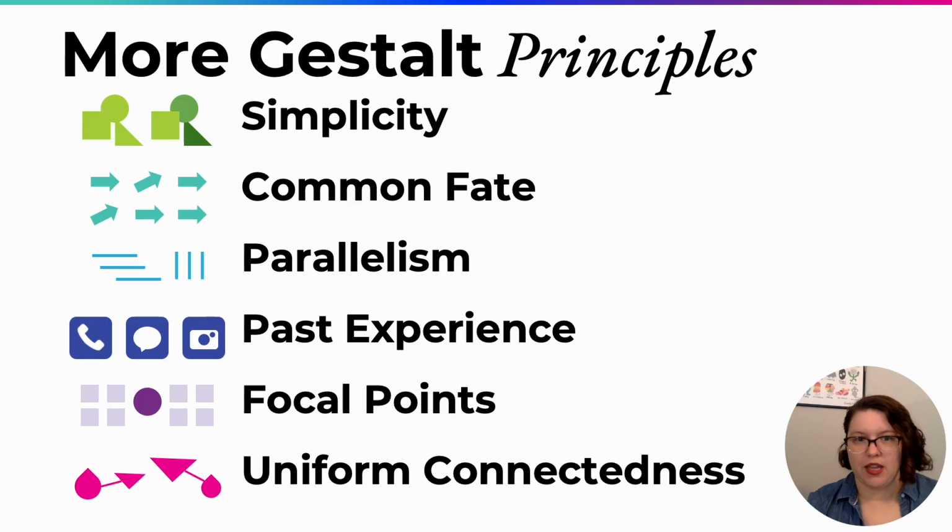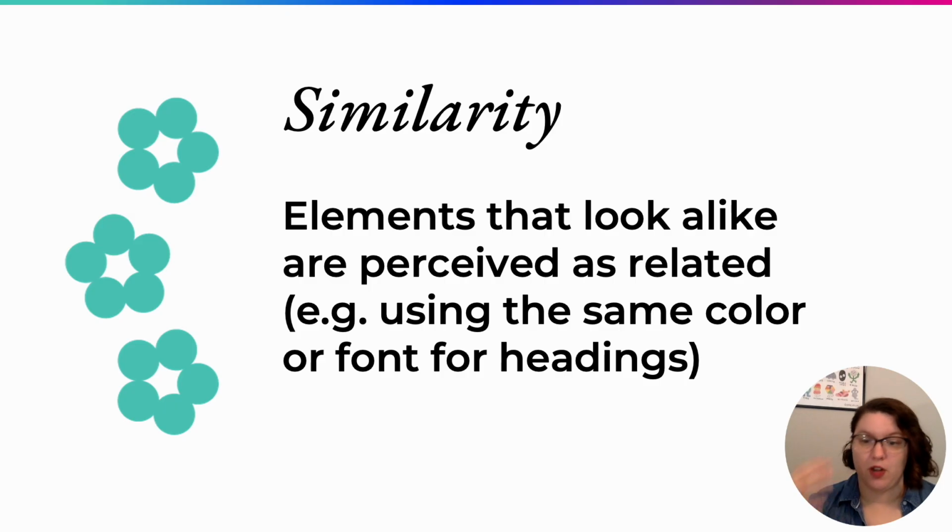These are some of the extras that have been added on, like simplicity, common fate, parallelism, past experience, focal points, and uniform connectedness. These apply more specifically to user interface design or things that are more web-based. But for our purposes, we're going to just focus on the first few.